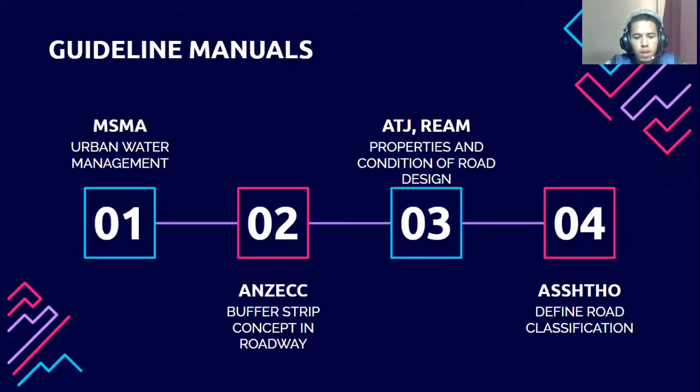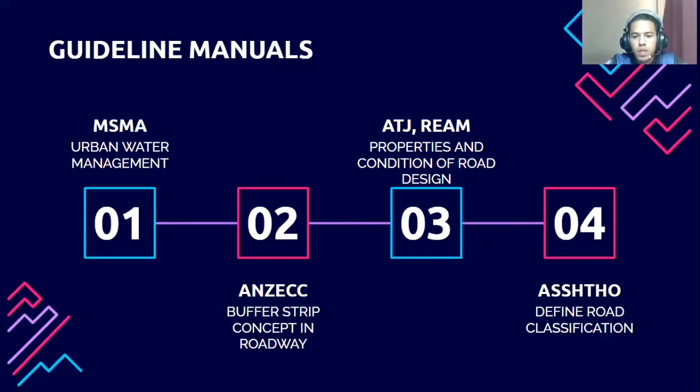Number 2 is ANZECC, which stands for the Australian and New Zealand Environment and Conservation Council. For this manual, we are focusing on the buffer strip concept in roadways. Number 3 is ATJ and also REAM, Arahan Teknik Jalan, and Road Engineering Association of Malaysia.